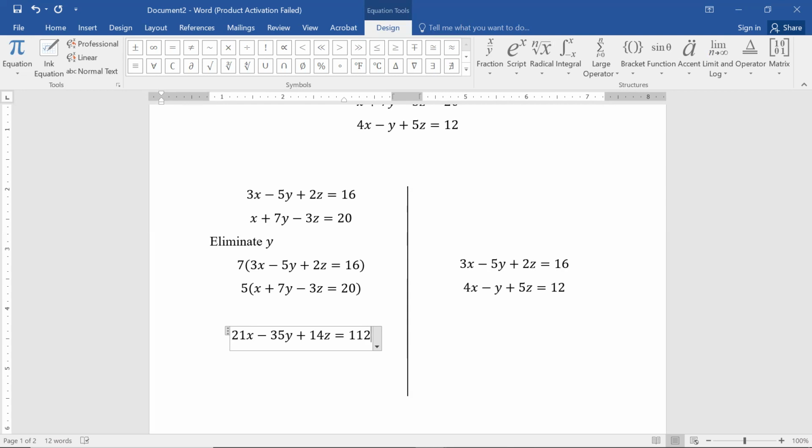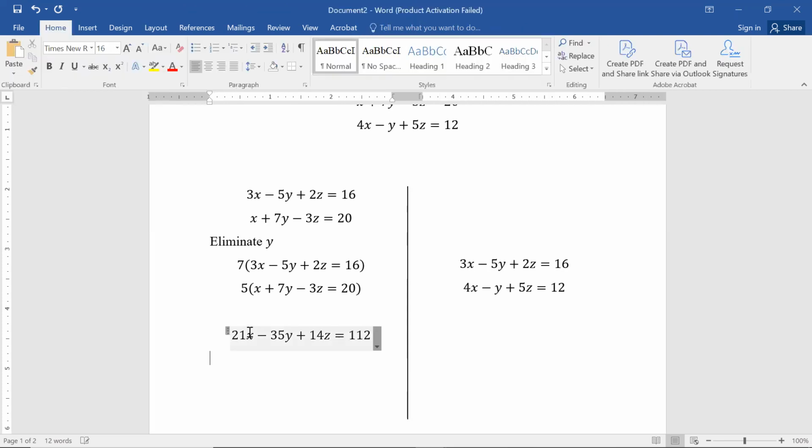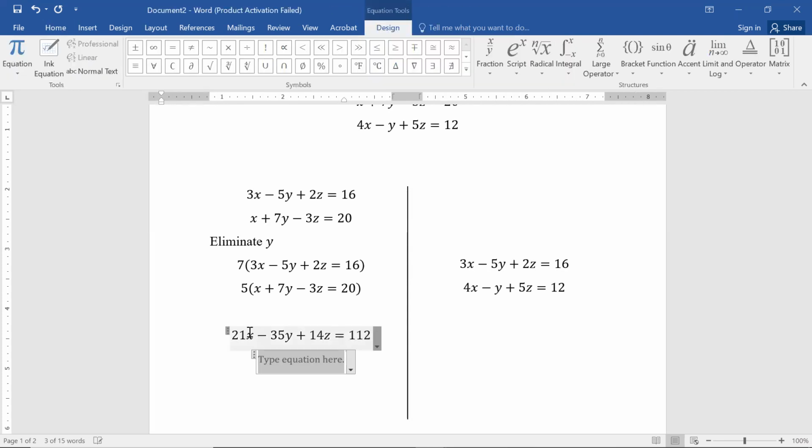Making sure on my calculator that that is 112. All right. The other equation becomes 5x plus 35y minus 15z is equal to 100.